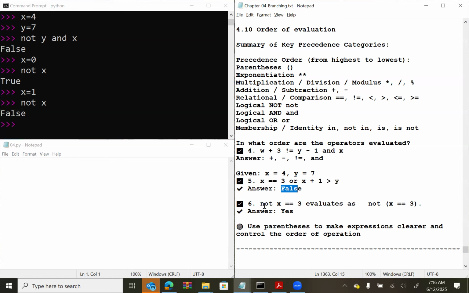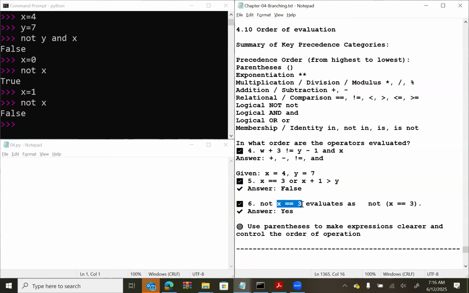How about this one? not x is equal to 3. So x is equal to 3. Not comes after that, so we don't have to care about that. Comparison comes first, so we'll do the comparison first. x is 4. 4 is equal to 3.